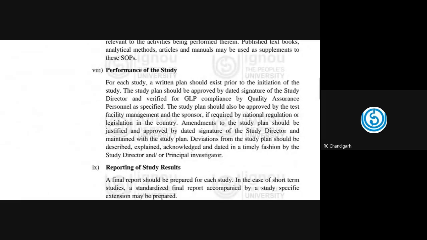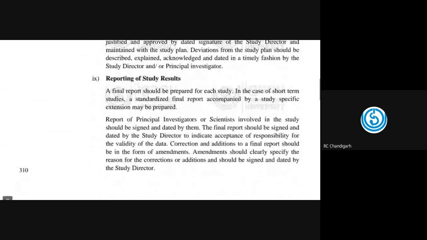Performance of the study. For each study, a written plan should exist prior to the initiation of the study. The study plan should be approved by dated signature of the study director and verified for GLP compliance by quality assurance personnel as specified. Reporting of the study results. A final report should be prepared for each study.